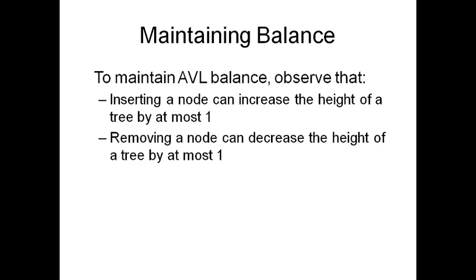Similarly, when a node is removed from the AVL tree, that could also cause it to become unbalanced. So after insertion and deletion, we must check whether the tree remains balanced. If not, we have to alter the tree so that it becomes balanced again. So that is what we are going to learn hereafter: how to make a tree balanced again after an insertion or deletion.